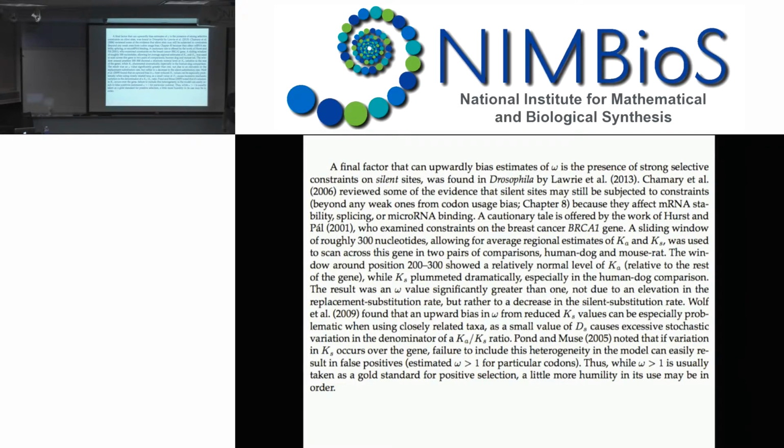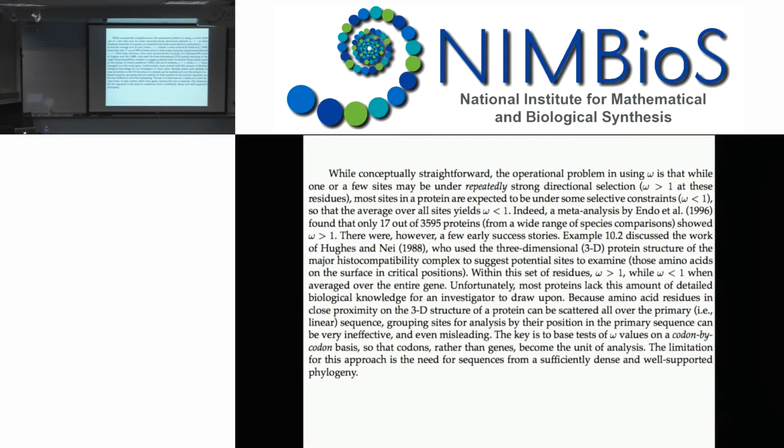Ka to Ks bigger than 1 is usually viewed as a gold standard for evidence of selection. I think I say here, a little more humility in its use may be in order, right? It's usually pretty good, but be aware that there are exceptions and these other issues can arise.